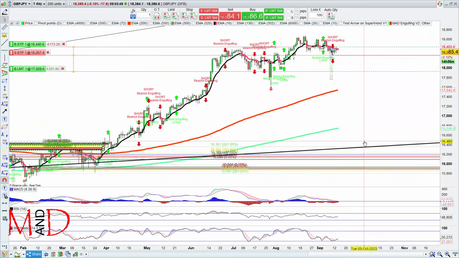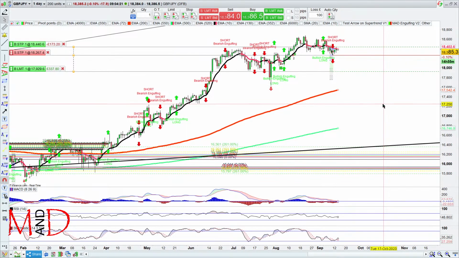Pound yen. I mean, there's some weird news come out, or weirder news still to come out. Let me just check on the iPad. Hold on. Can't remember exactly what it's called. It was something to do with retail sales. Yeah, that's it. So retail sales, that's at 1:30 today.